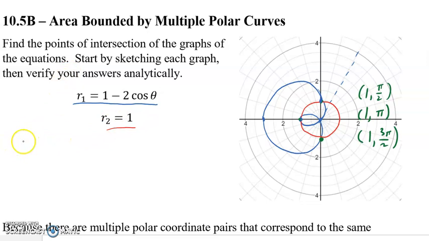If we set r1 equal to r2, then we get 1 minus 2 cosine theta equals 1. We're asking what theta values cause these r values to be the same.